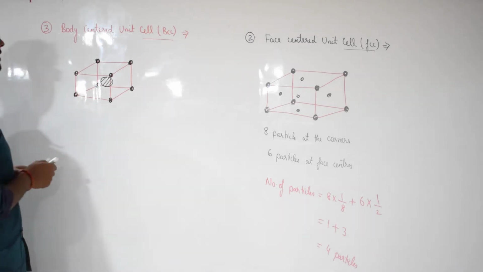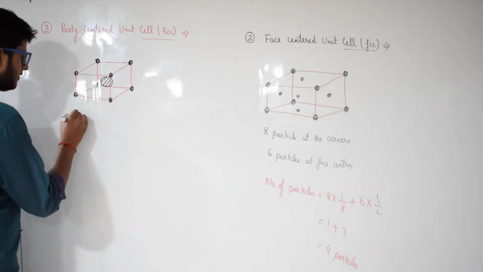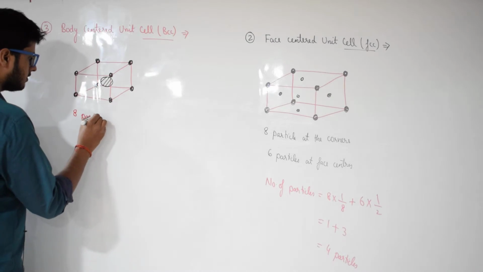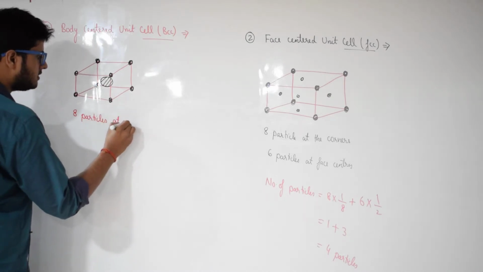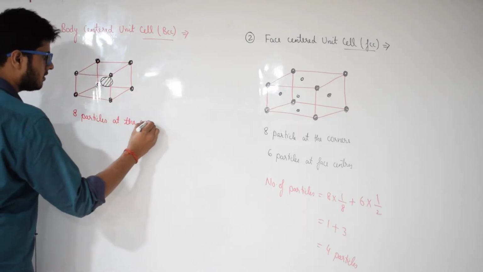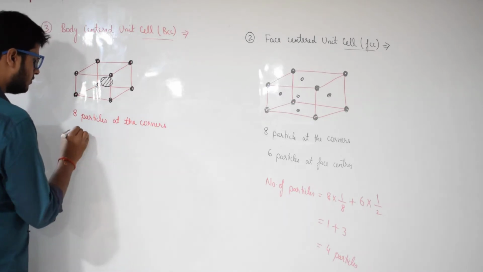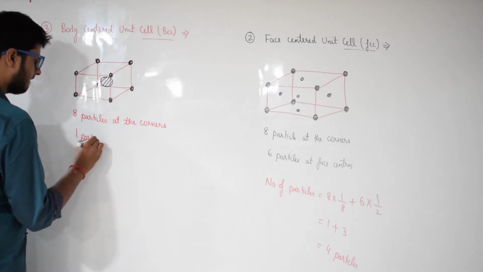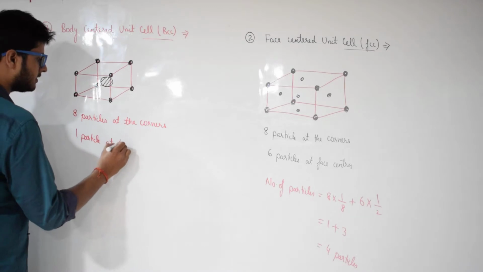So, in case of BCC arrangement, we have 8 particles at the corners and we have 1 particle at the body center.